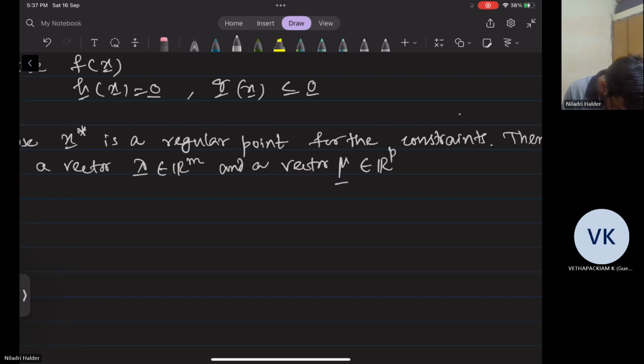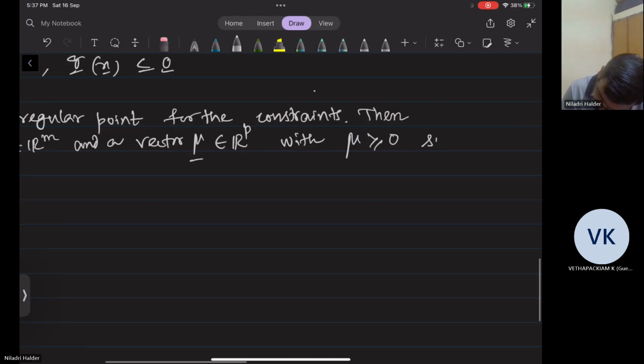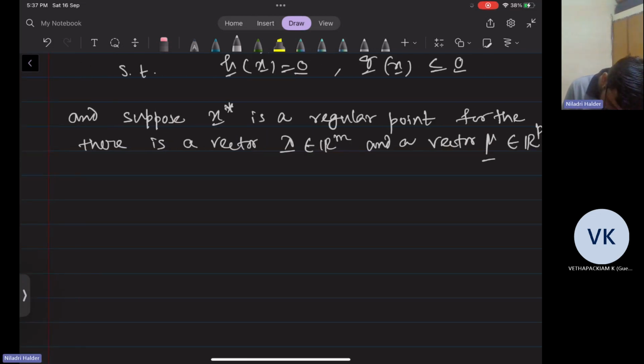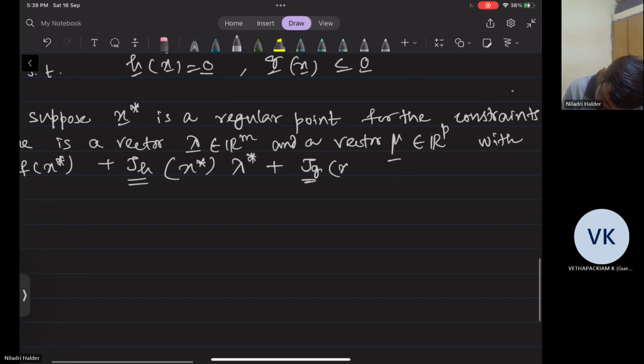such that gradient of f of x star plus Jh of x star into lambda star plus Jg of x star into mu star is equal to 0.